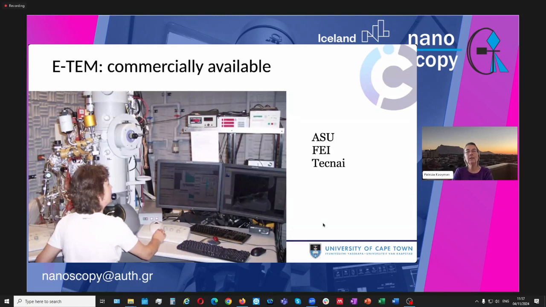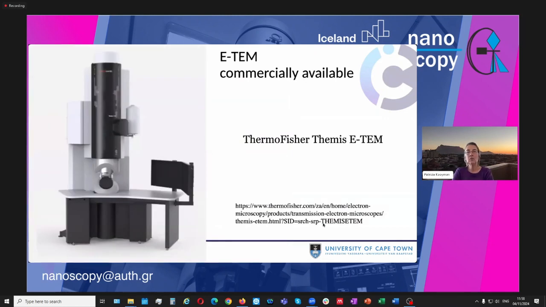And then on the right-hand side at the top, you see all the additional electronic boxes that we need for this type of experiment, where you've got temperature control and pressure control and pressure measurement. So nowadays, of course, it's all integrated. This is the current version of the Thermo Fisher Themis that you can buy as an ETEM.